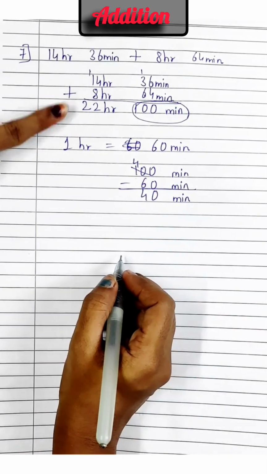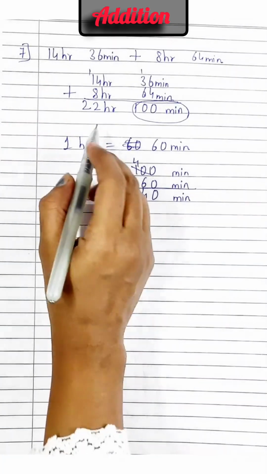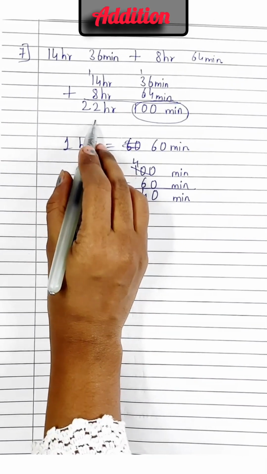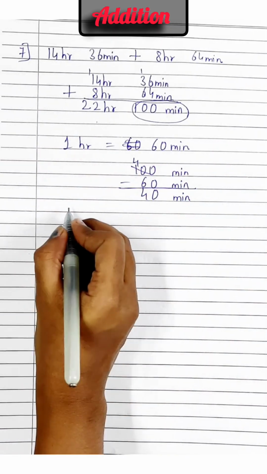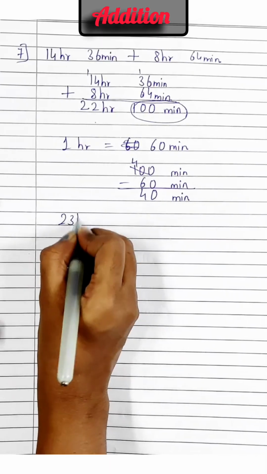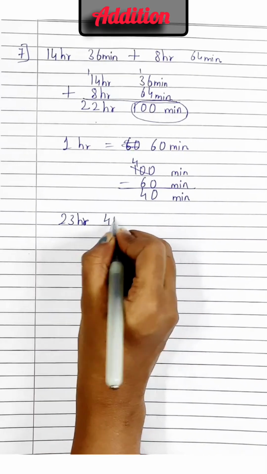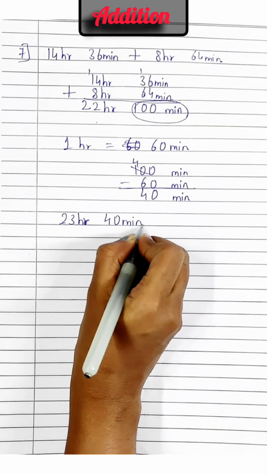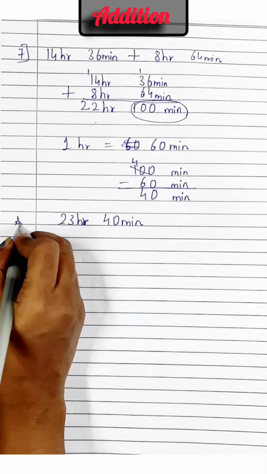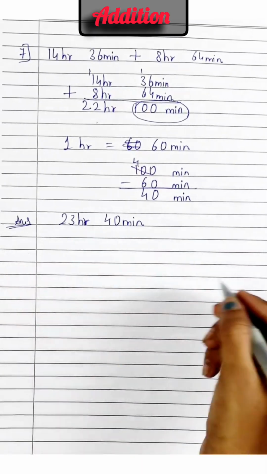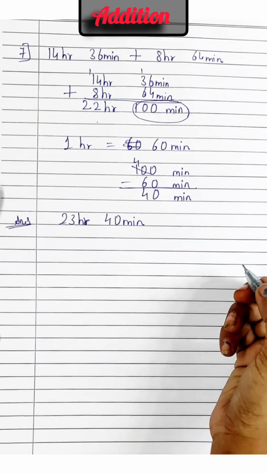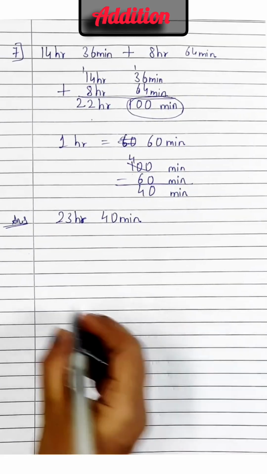So now instead of writing 22 hours, you will write 23 hours 40 minutes. Okay? Yes? Let us do next sum.